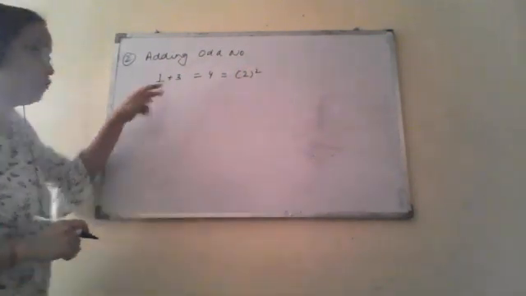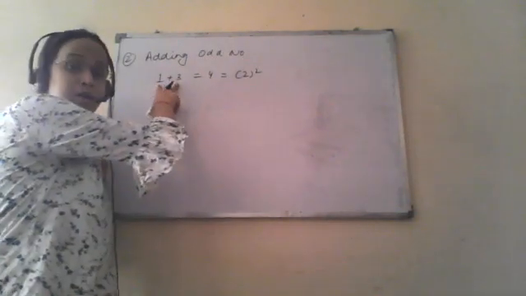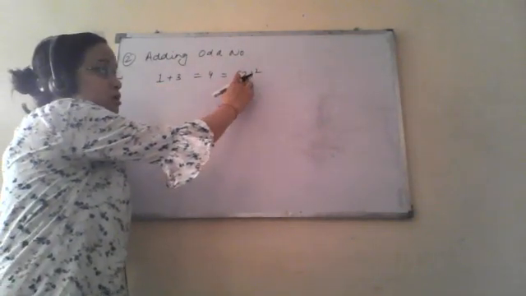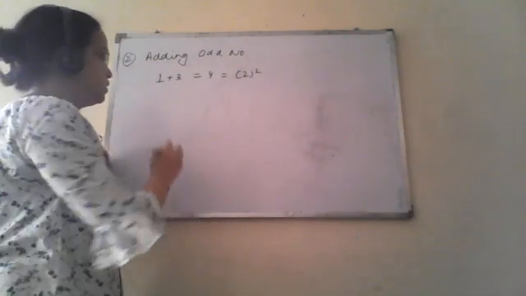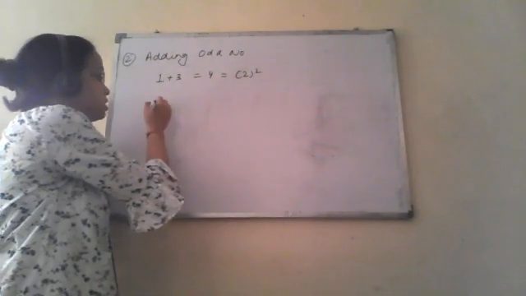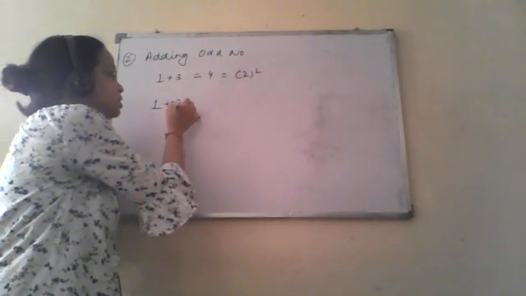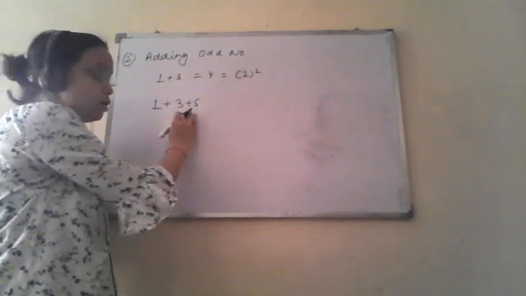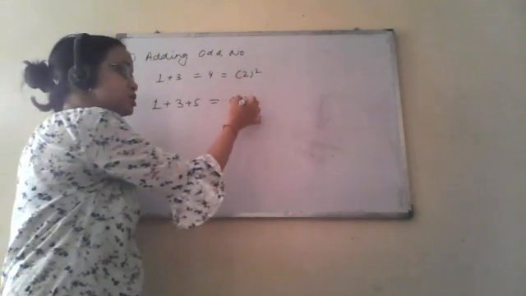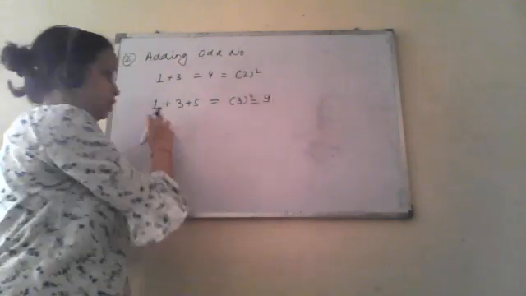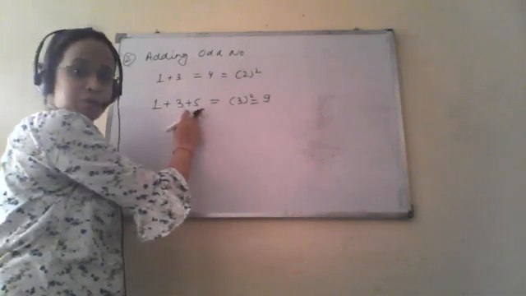We are adding two consecutive odd numbers, and their sum is equal to that number, 2 square, that is 4. If we add three consecutive odd numbers, that is 1 plus 3 plus 5, their sum will be, directly we can write it as 3 square, that is 9. You see, 1 plus 3 is 4, 4 plus 5 is 9.